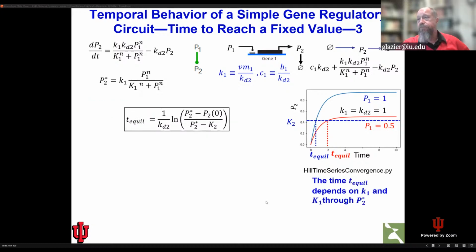So we get that. And again, P2 of 0 is normally 0 in this case.